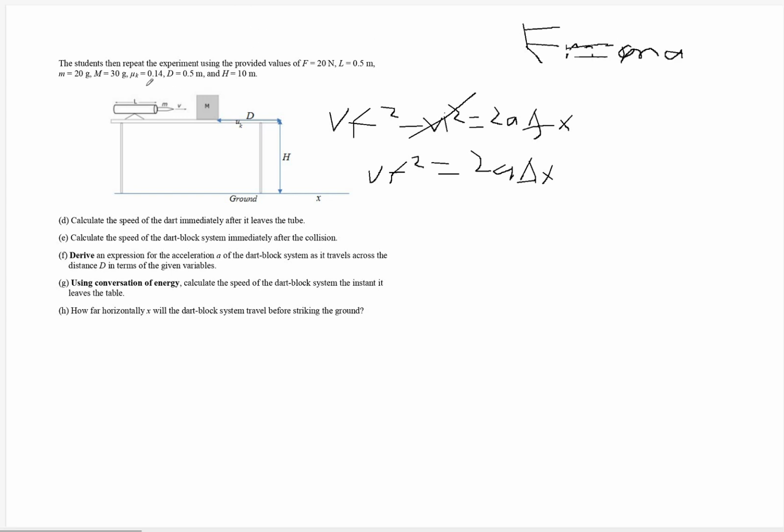All right. Okay, so we're given the force, so it's 20 equal to the mass, and the mass of the dart is 20 grams, which equals 0.02 kilograms.